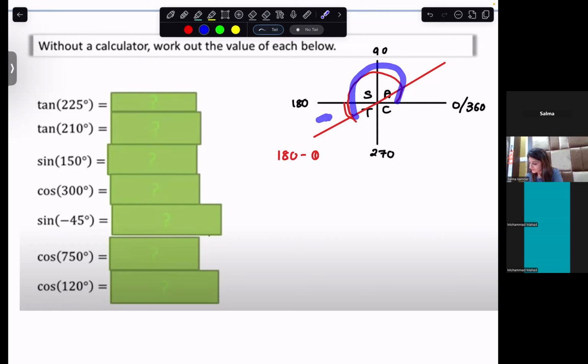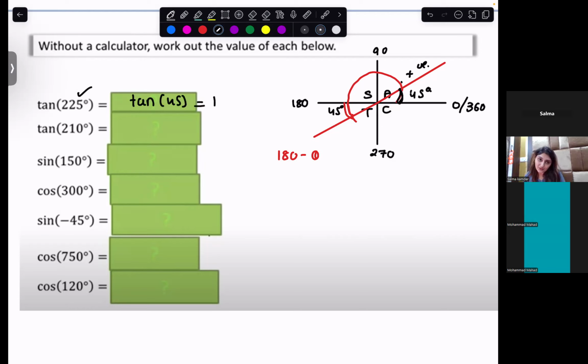So can you give me the value? 225 minus 180 is 45, and it is going to reflect over here. Alternatively, you would see where else tan is positive. So tan 225 is also equal to tan 45, which is equal to 1.